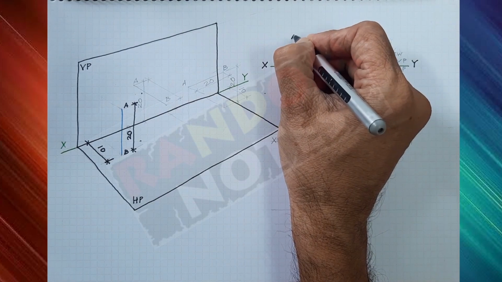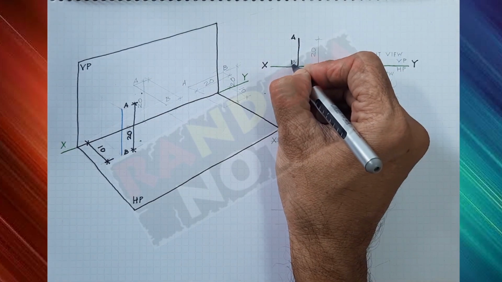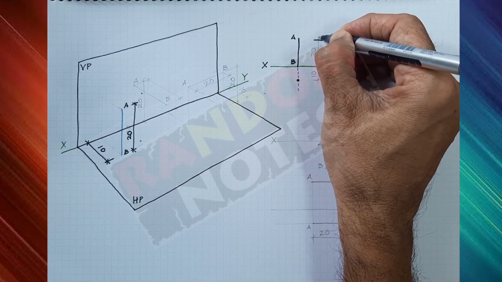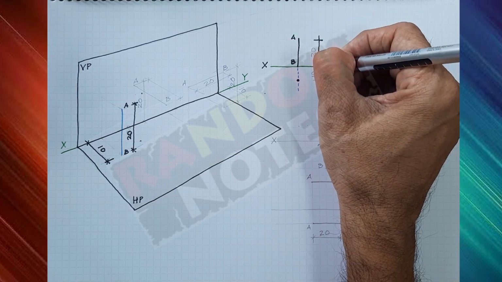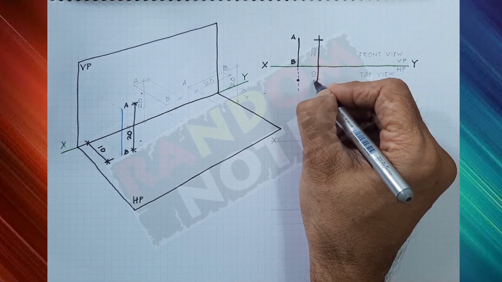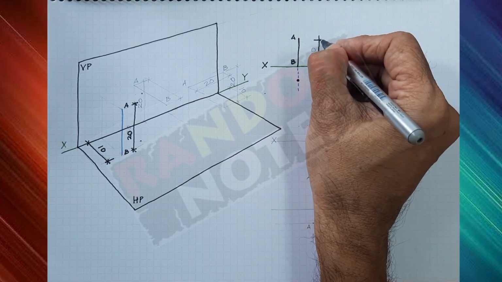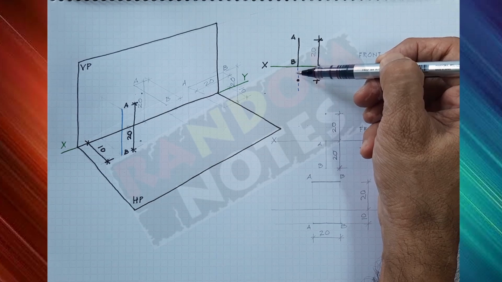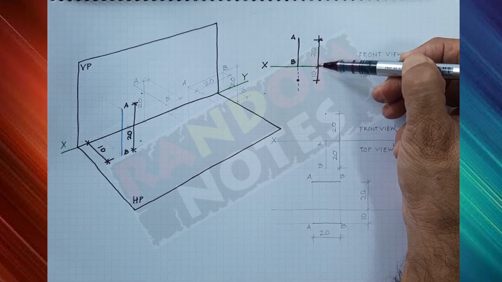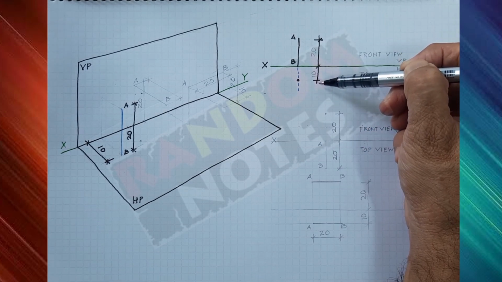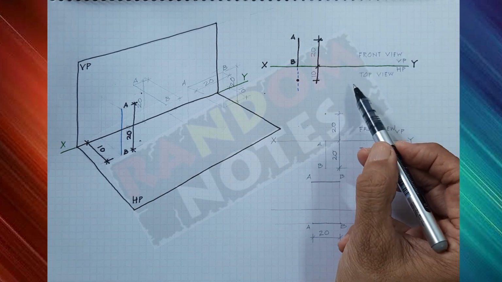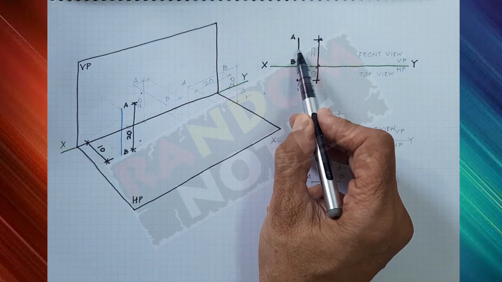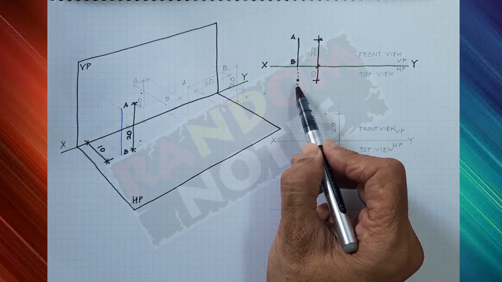This is A, this is B. This is line AB. It is 20 mm long and it is 10 mm away from the vertical plane, and with this I have got the front elevation or the front view and the plan.